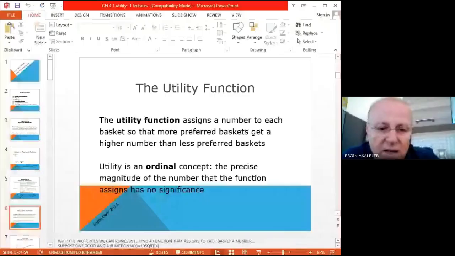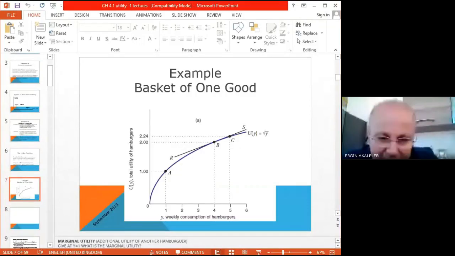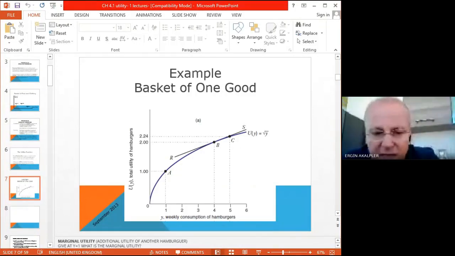And when we have this best possible option, then we have the best possible scenario where the budget line and the indifference curve are tangent to each other. As it is given here, we have the total utility curve where only one product is given, which is hamburger. The total utility of hamburger is dependent on your consumption.